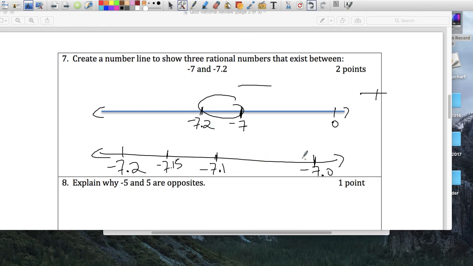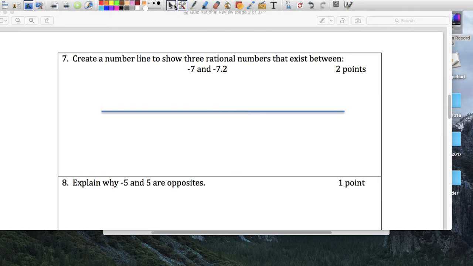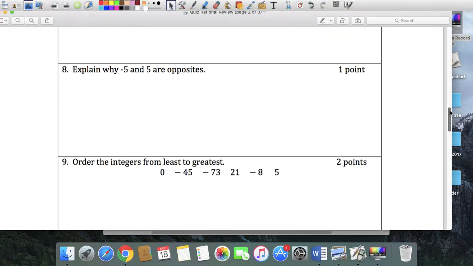I can put negative 7.00001, which would be right over here. I can make negative 7.0001, which is again right here too. So again, you can create so many rational numbers, because there's an infinite number.